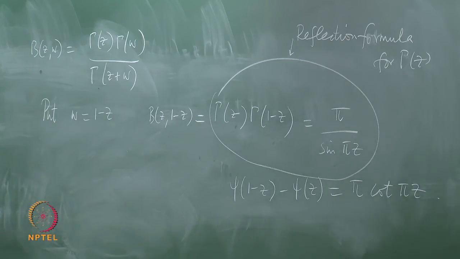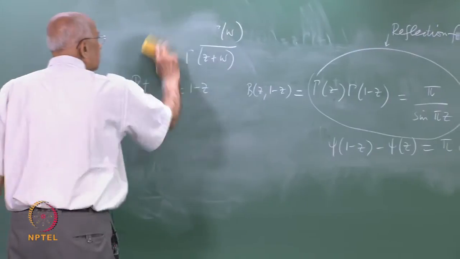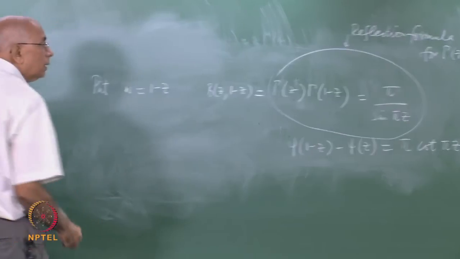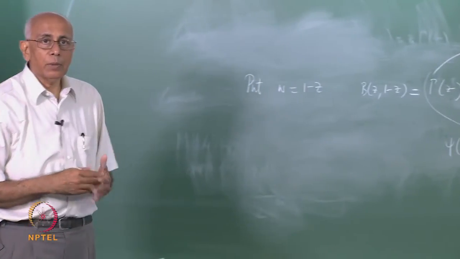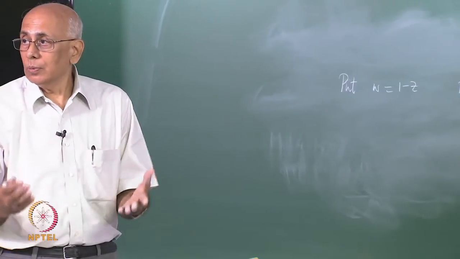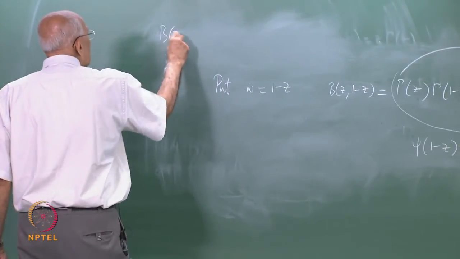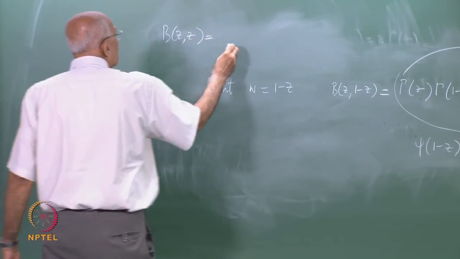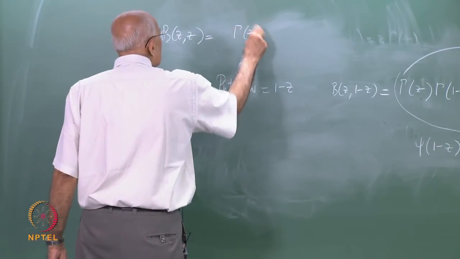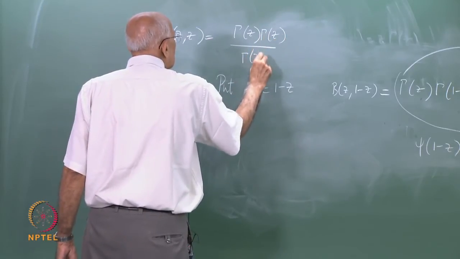Now the next thing I wanted to talk about was the doubling formula. Once again, if you play with the relation between the beta function and the gamma function, you put z equal to w, then you end up with the following relation: beta of z, z equal to gamma of z squared over gamma of 2z.